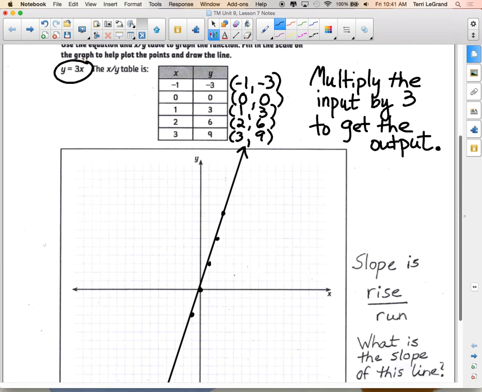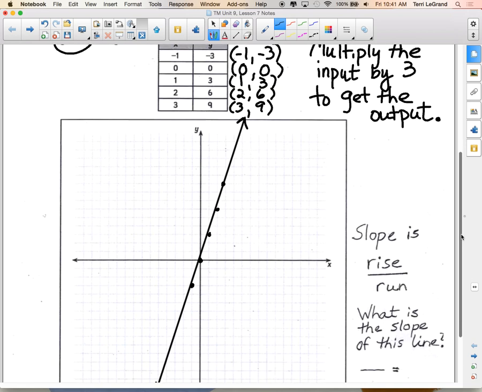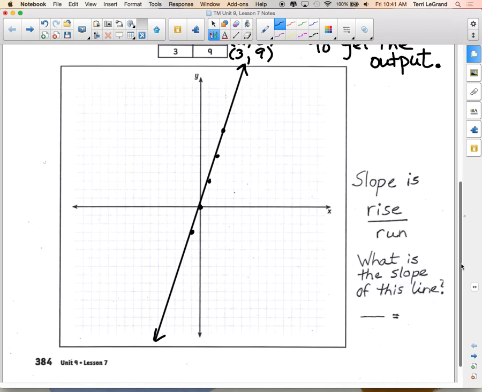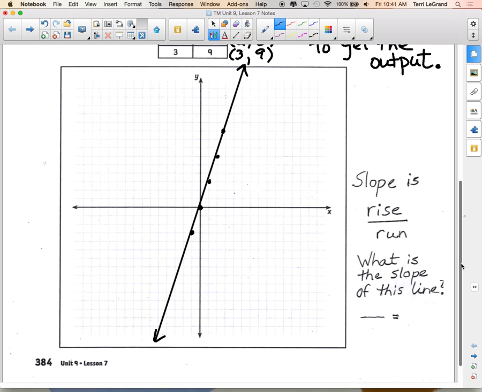So today, the new part that we're going to be talking about is slope. Anybody think they can describe slope in this context here today? Not a contest, a context.